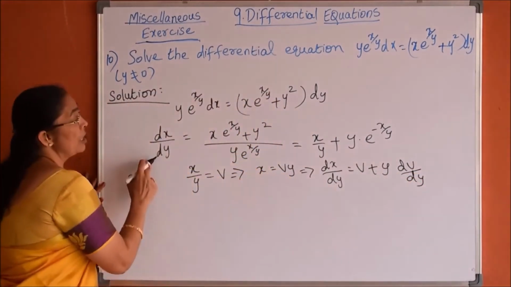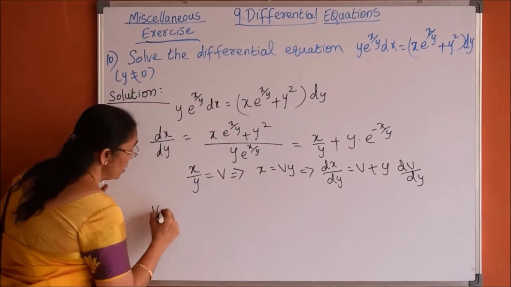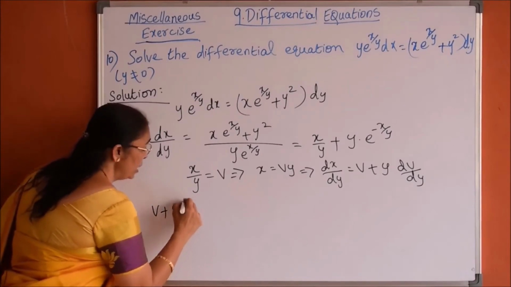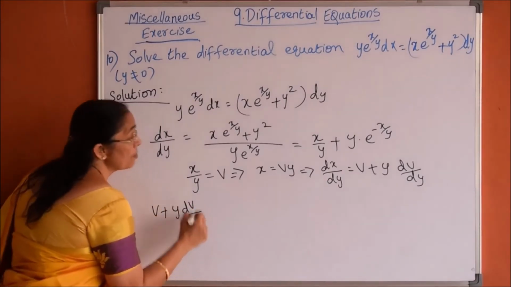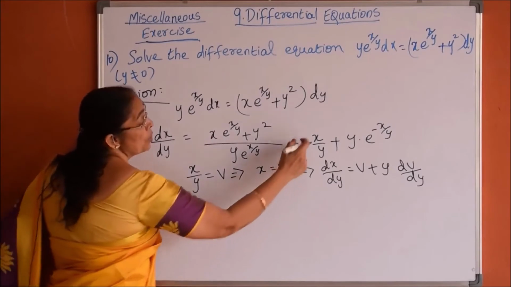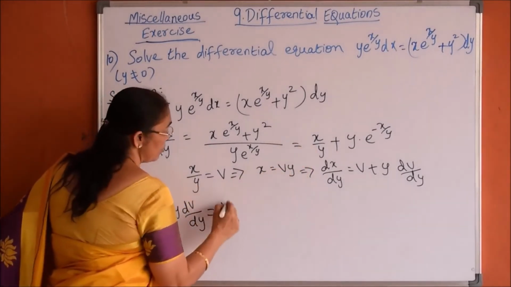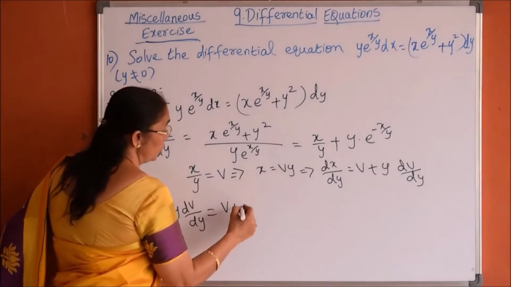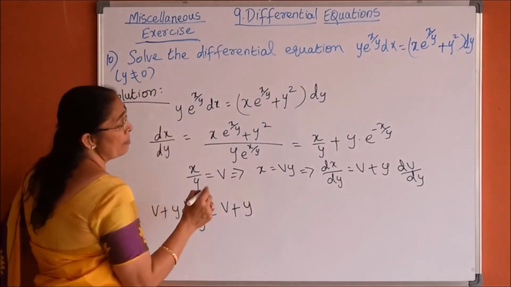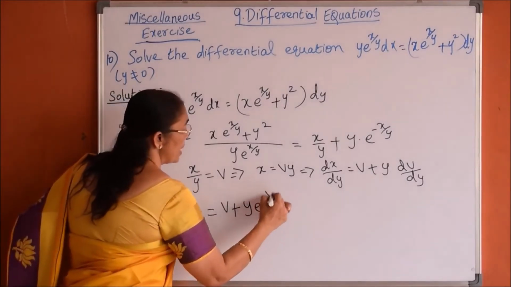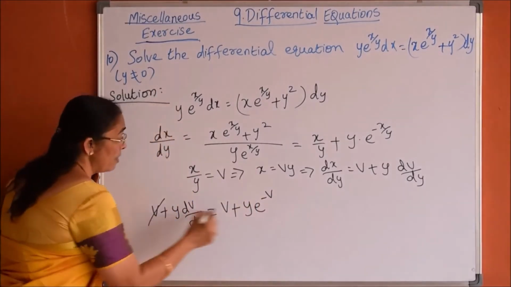So, we substitute here: dx by dy is v plus y into dv by dy is equal to x by y. X by y is v, plus y into e power minus x by y, which is e power minus v. So, one v will get cancelled.